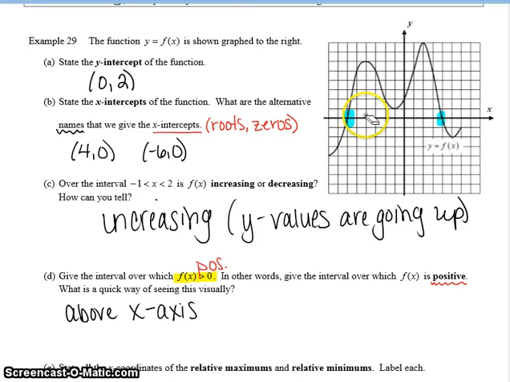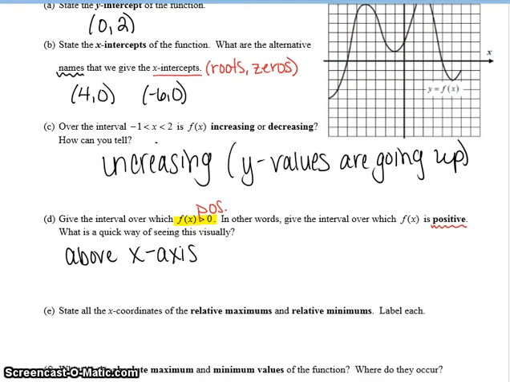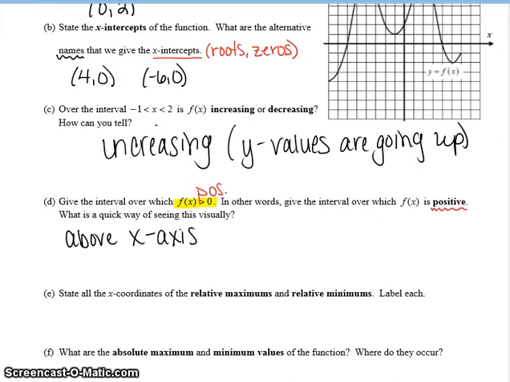That is where it is above the x-axis, which means it's positive. Now the original parameters they gave us was not equal to, so you do not include those, so those are smooth brackets. So it's from negative 6 less than x less than positive 4.